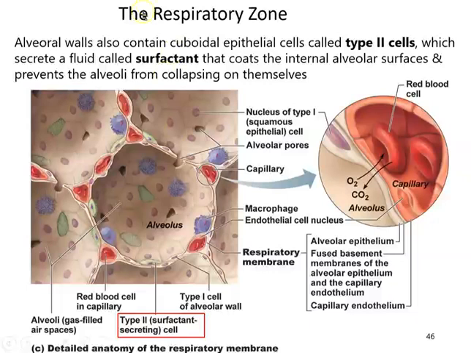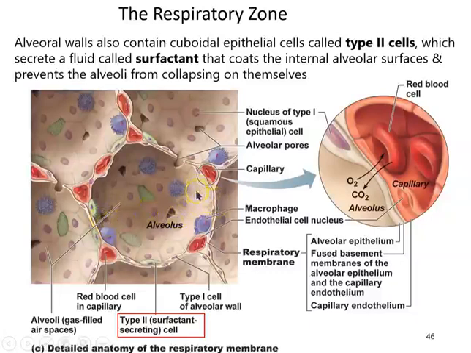And the idea is the internal surface of an alveolus is wet. So it has water, because it's been humidified. And since the cells are wet, if they were to touch each other, they would be stuck together if it was normal water.